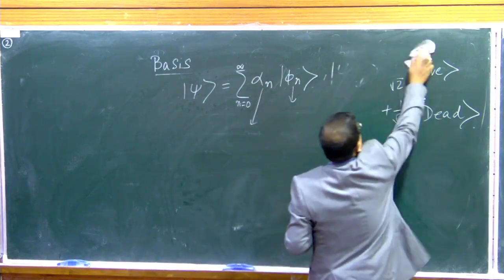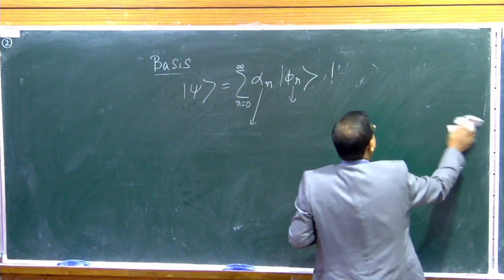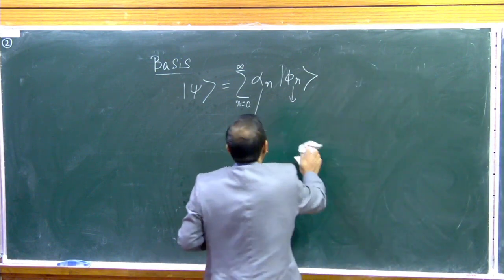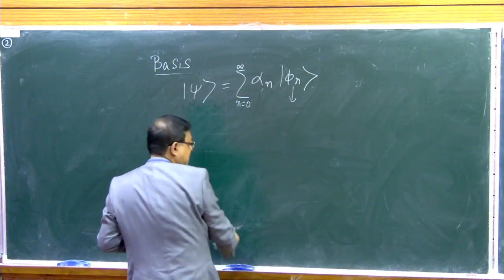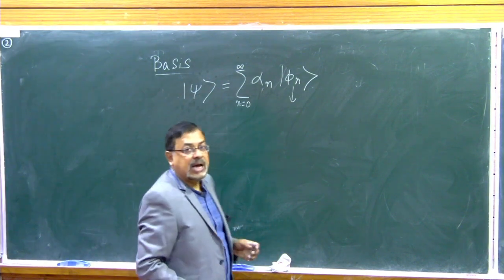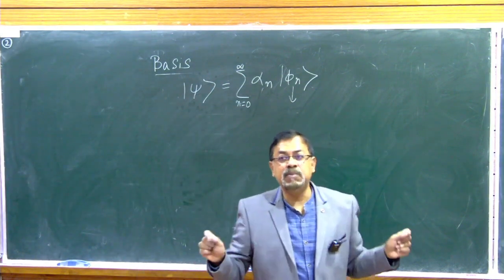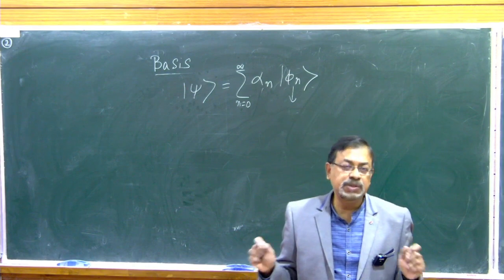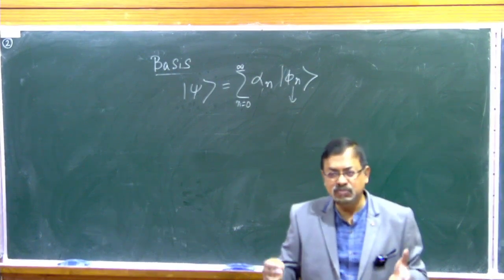Okay, so I'll give you an example of this cat or the coin tossing, but they mean the same thing. It's just that you could have an infinite number of basis functions, not just 1 or 2 or 3 or 4.